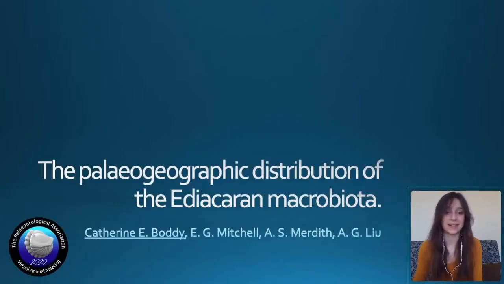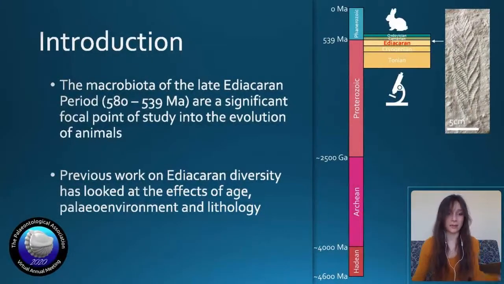Awesome. Thank you very much, and thanks everyone for coming to my talk. I'm going to be talking to you about the macrobiota and how they were distributed across the globe during the Ediacaran, and whether the palaeogeography influenced their distribution. So the Ediacaran period is an important area of study as it marks the transition from microscopic eukaryotes to the radiation of macroscopic life.